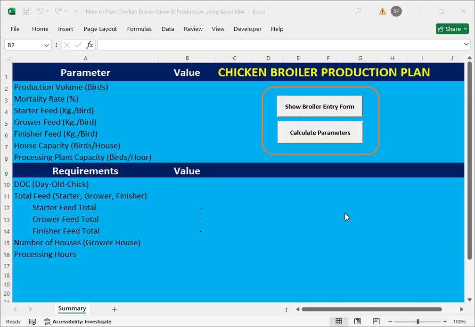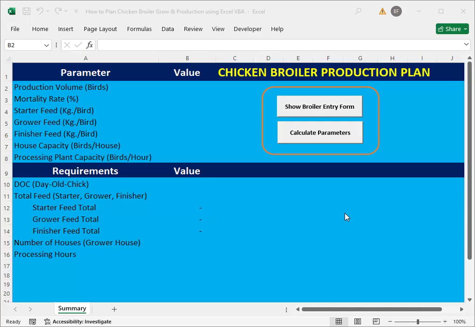And the other parameters will be the feeds that we're going to provide to the farmhouses, because we have to feed the birds from DOC or day-old chicks that are going to be placed in the farmhouses. And there are three types of feeds that we're going to provide in farmhouses. And the farmhouses could be company owned, built by the company, or it could be owned by a business partner in a contract growing agreement that the company has entered into with the business partner.